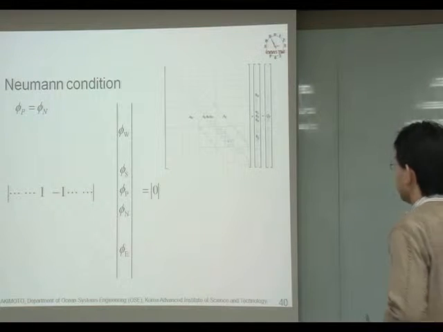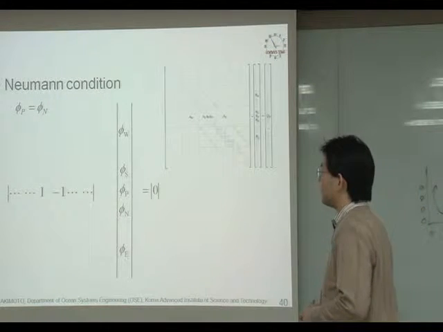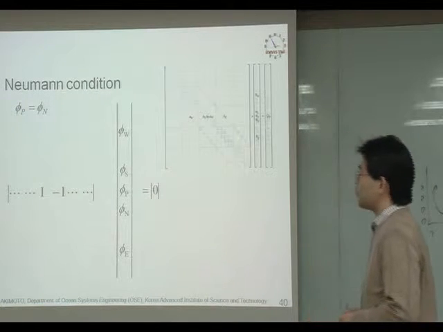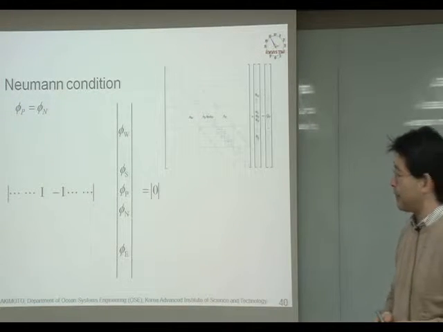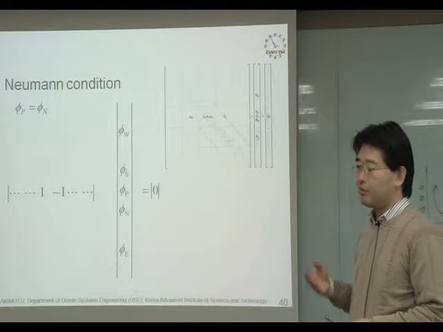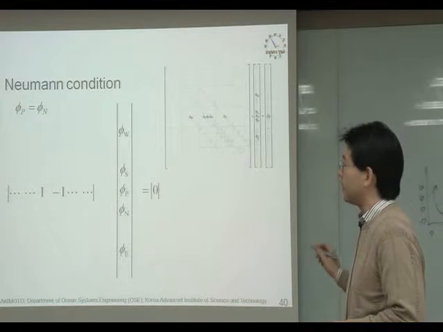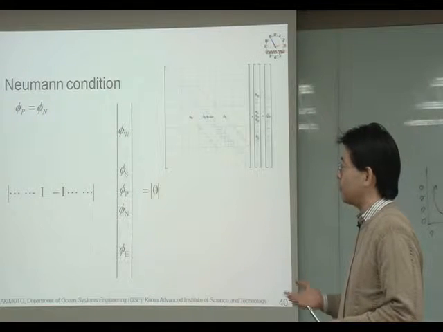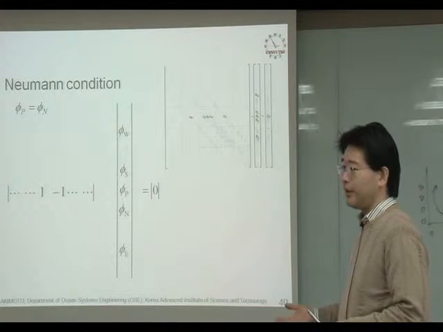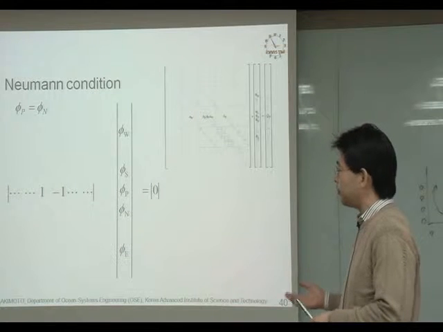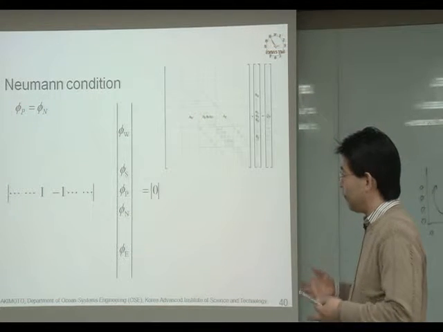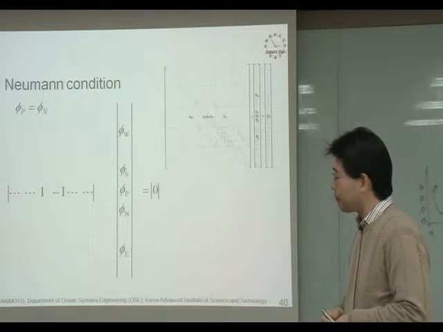The actual modification of the matrix coefficients might be very complicated, but the basics is this: understand the physical condition of the boundary, interpret the condition, and modify the matrices.